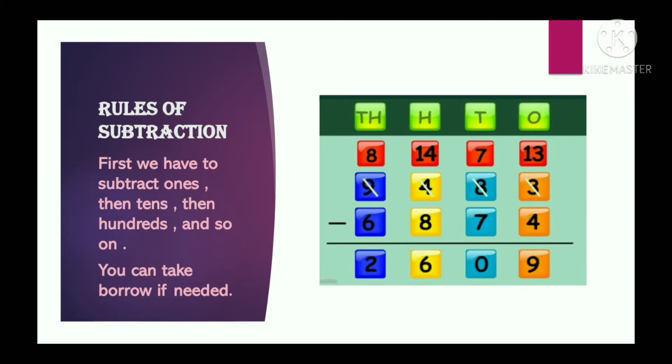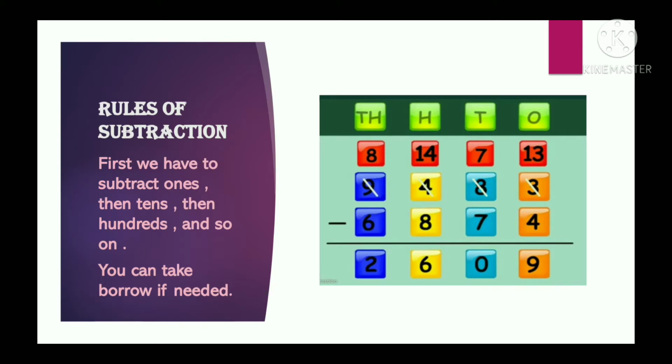So here you can see in this example, the number ones has 3 minus 4. As you know that 3 is smaller than 4, so it will not be subtracted. That's why we need to take borrow from tens place, so it will become 13.